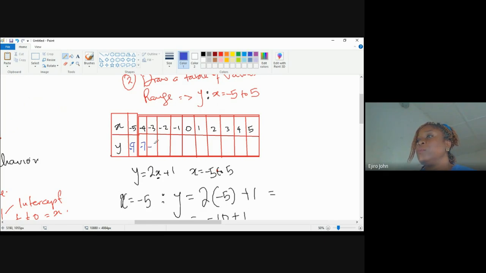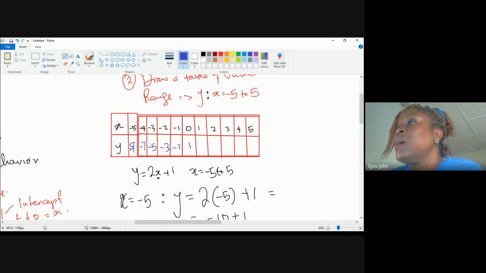Okay, I'm seeing a progression, so I can just simply write it. I know that this will be -3, right? I know this will be -1, then 1.